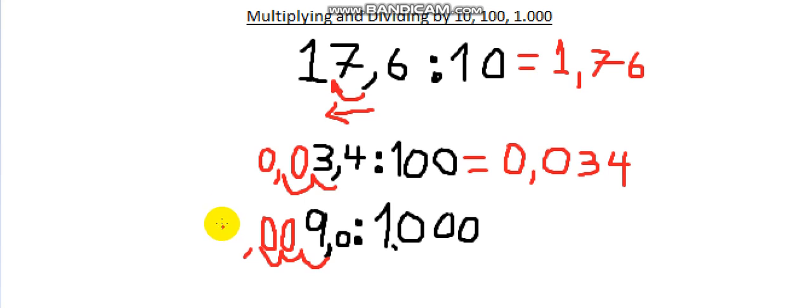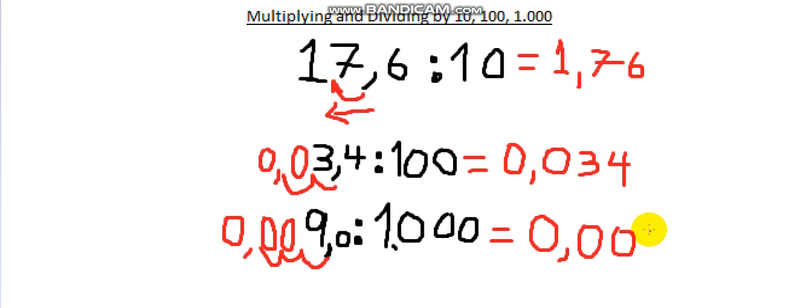But like before, the number can't start with a comma, so we put a 0 in front of the comma. And my result would be 0.0009.